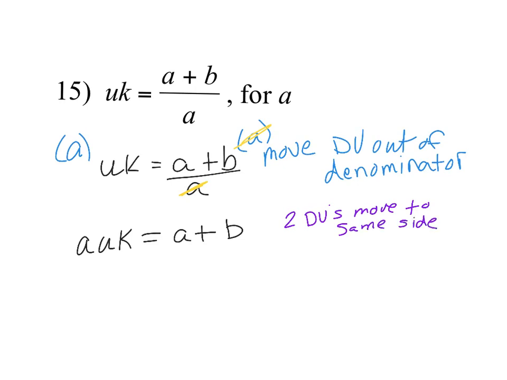So it technically doesn't matter which way you do it. Now remember that this AUK is all one big multiplication term together. So if you decide to move that over to this side, you're stuck with nothing over here on this side of your equation. So you'll have to do a bunch of rearranging and moving the b and all of that.